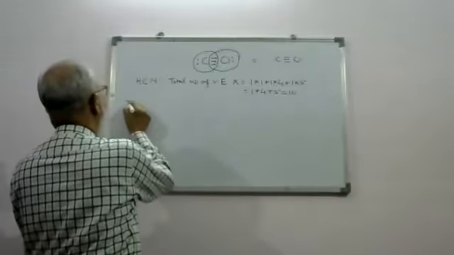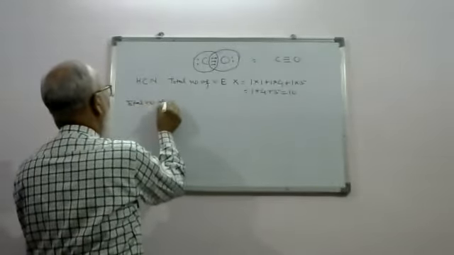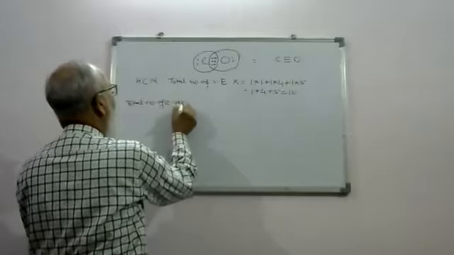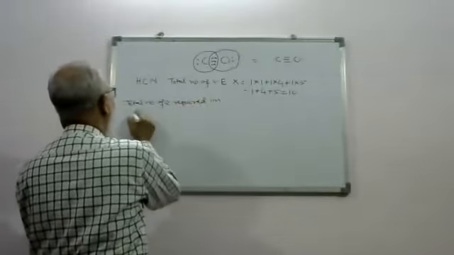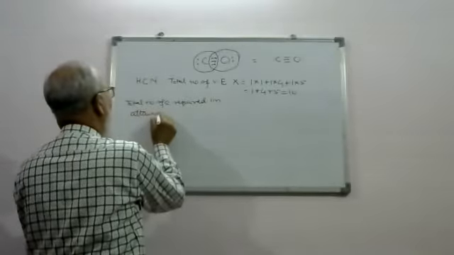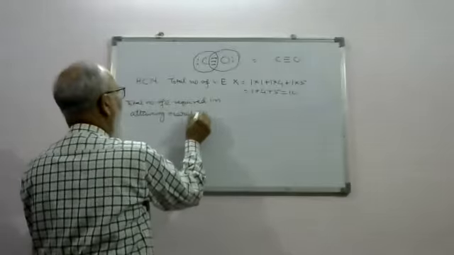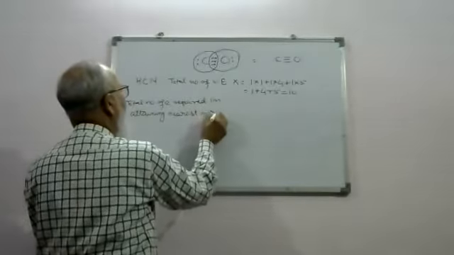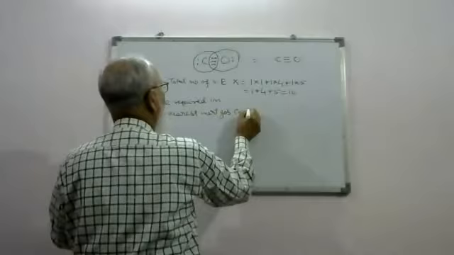Total number of electrons required in attaining the nearest inert gas configuration.